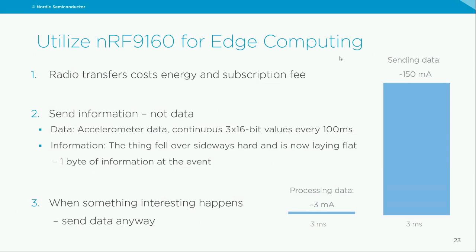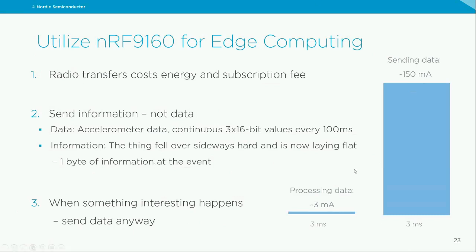Inherently, LTE radio transfers are expensive when it comes to power. As I just showed you, when we send data, we are typically at 100 to 150 milliamps, when a lot of others are at plus 200 milliamps for sending data. In addition to that, you have a subscription fee, of course, where you need to pay for the data, which also adds in.